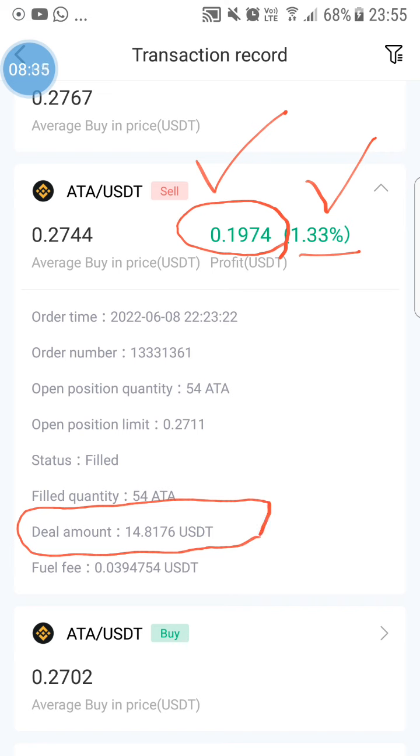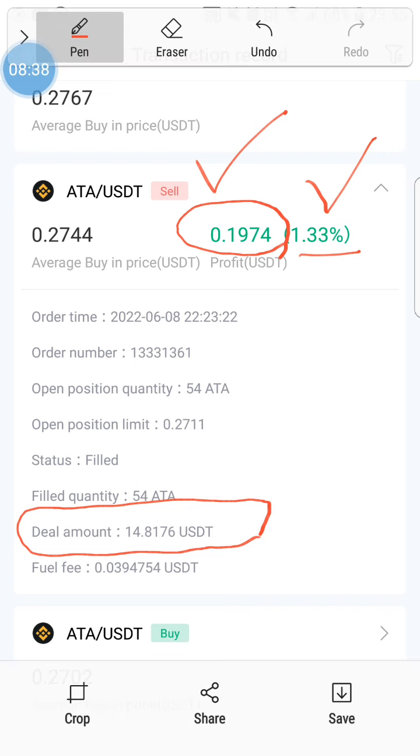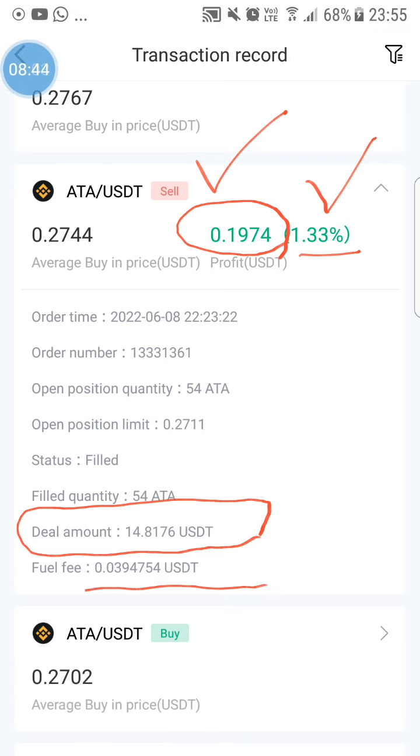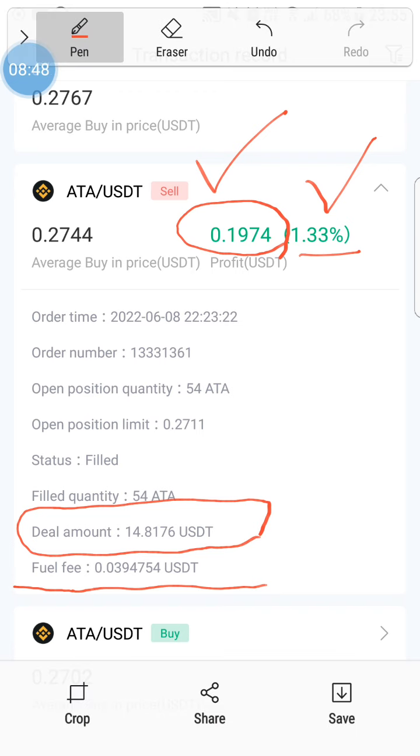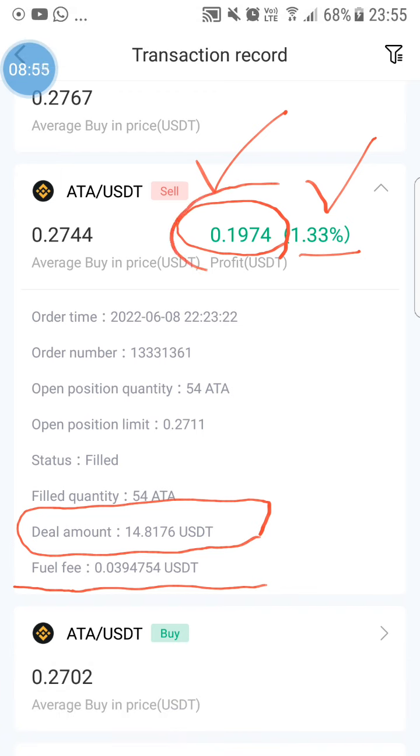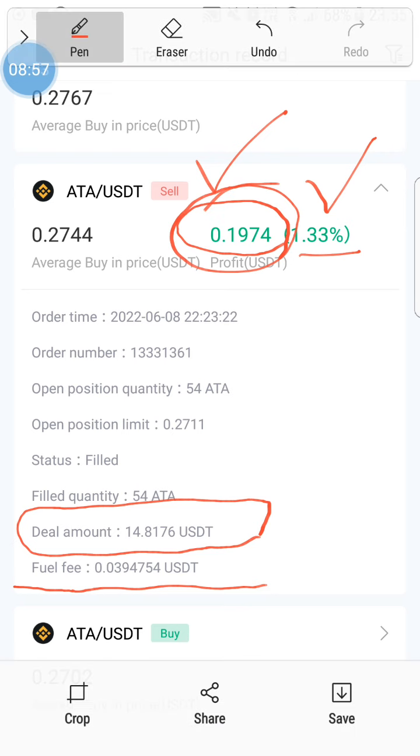The deal amount is 14.8176 USDT, and then you can see the fuel fee is 0.039474, which is 20% of the profit, only the profit, not your capital. That's what we call the performance fee of 20%.